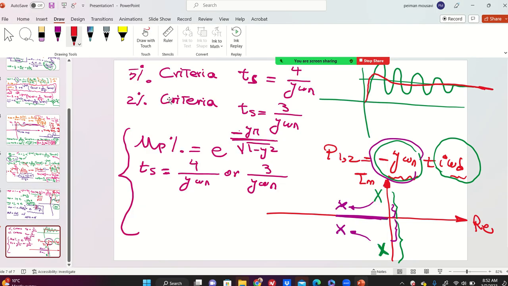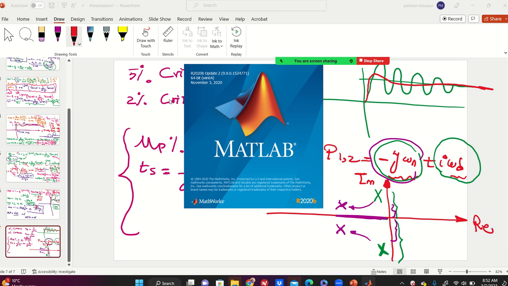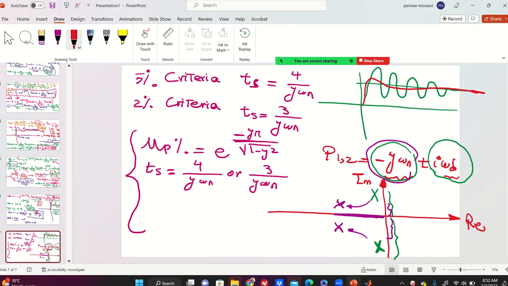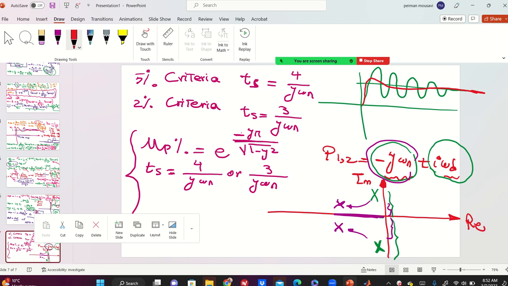Okay. I'm going to share with you. Until MATLAB comes up, you know that. Let me go to the next page.